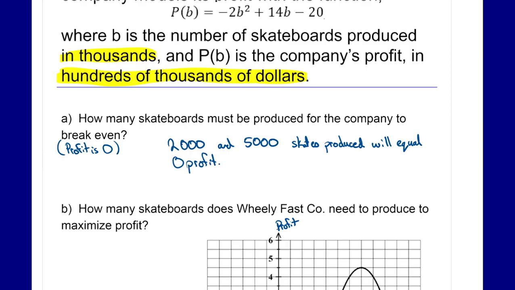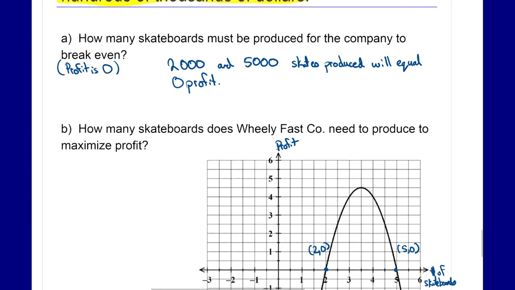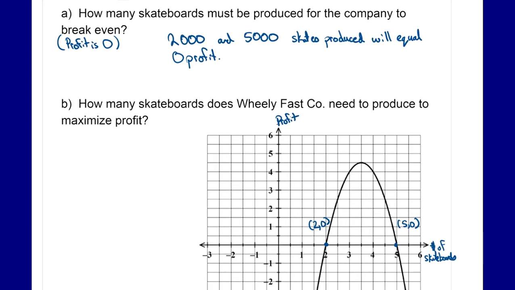How many skateboards does Wheelie Fast Co. need to produce to maximize profit? So anytime we're talking about maximizing or minimizing, we are looking for the vertex. We can see the vertex here is at (3.5, 4.5).